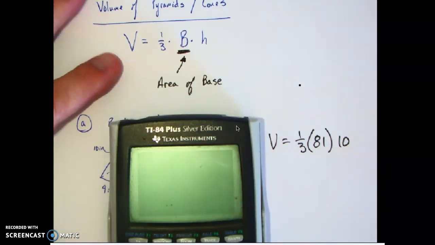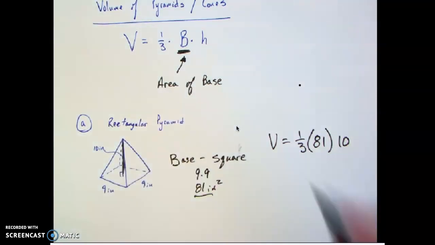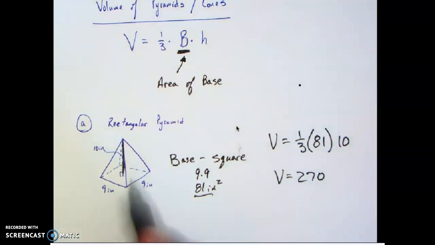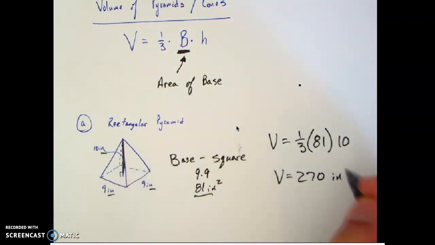So we have 1/3 times the area of the base times our height. We find that the volume is 270. And we're talking three-dimensional, so it's inches by inches by inches. That would be inches cubed.